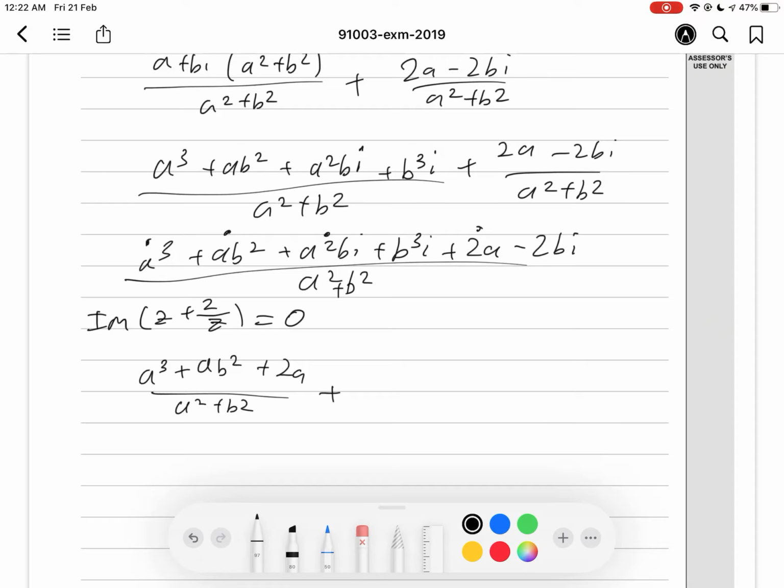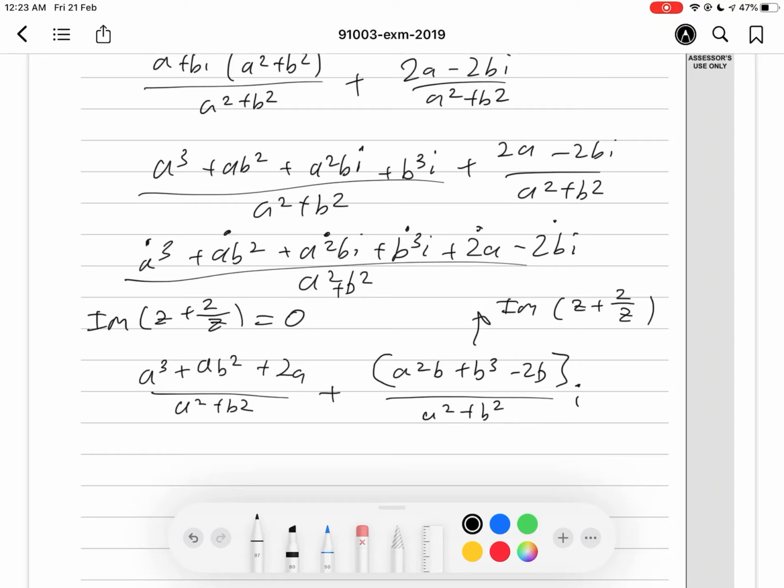Our imaginary part would be a squared bi, b cubed i, and negative 2bi. So we can just take the i out for now. So we say a squared b plus b cubed minus 2b over a squared plus b squared, times i. Okay, so this part here is the imaginary part of z plus 2 over z.